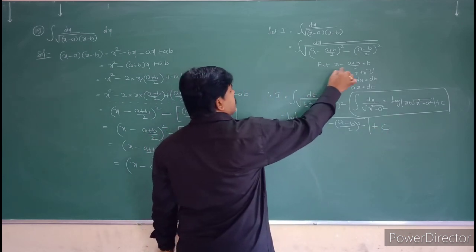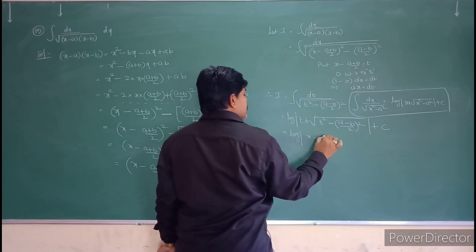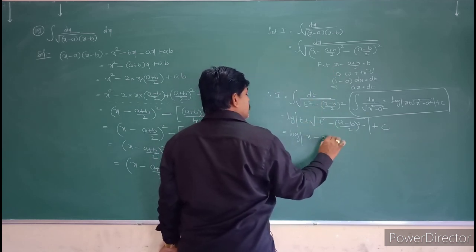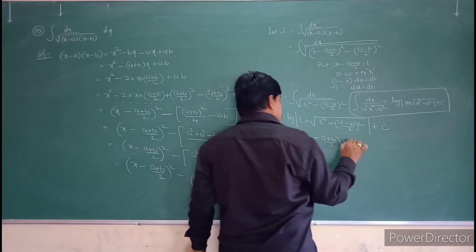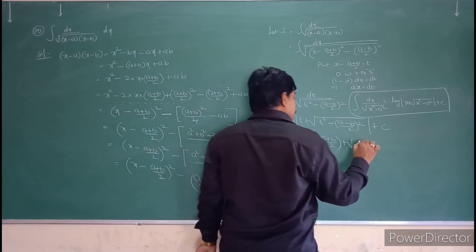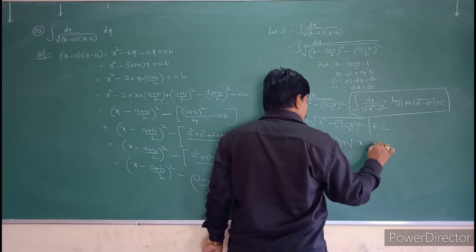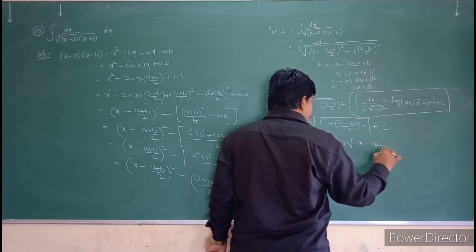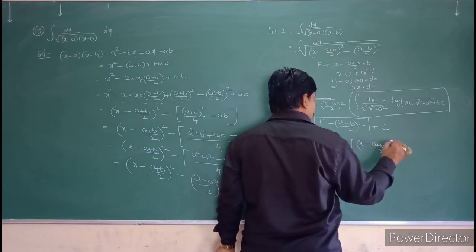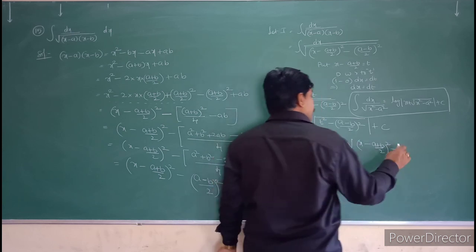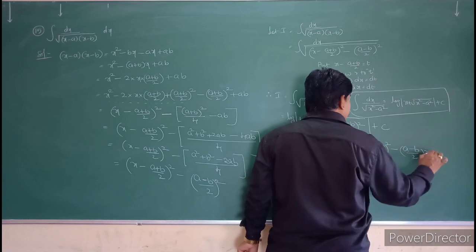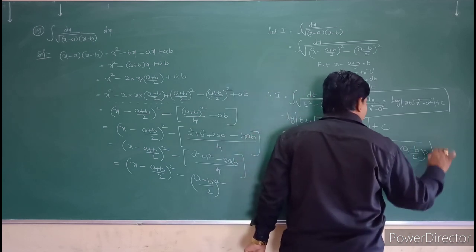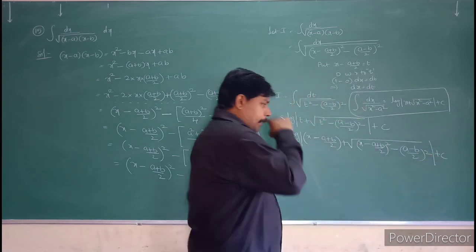The t is equal to x minus (a plus b)/2, so we get log mod x minus (a plus b)/2 plus root of (x minus (a plus b)/2) whole square minus ((a minus b)/2) whole square, plus c.